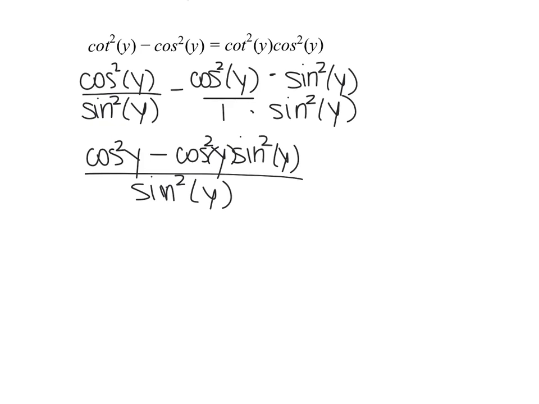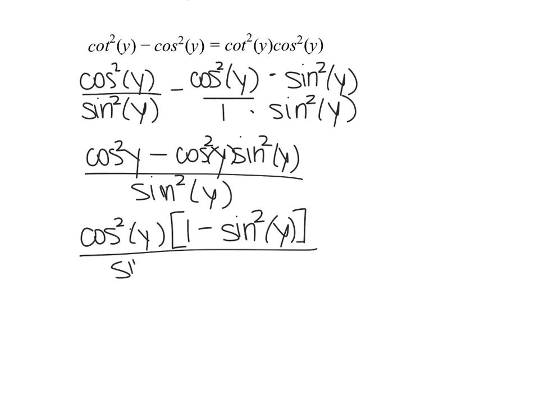Now my numerator, both terms have a cosine squared, so I'm going to factor out the cosine squared, and we're left with 1 minus sine squared of y, still all over the sine squared of y. I can now use a Pythagorean identity and replace 1 minus sine squared of y with cosine squared of y.